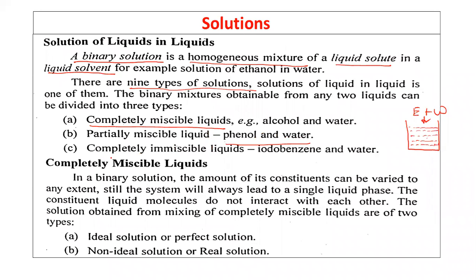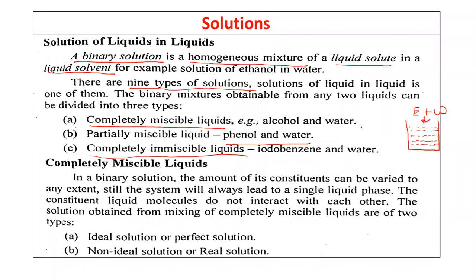And the third type is completely immiscible liquids. Suppose you take water and oil. Oil is not miscible with water. It is completely immiscible, not even partially miscible. Or you can take kerosene in water. The 2 layers are distinct there. Petrol in water, 2 layers are distinct.